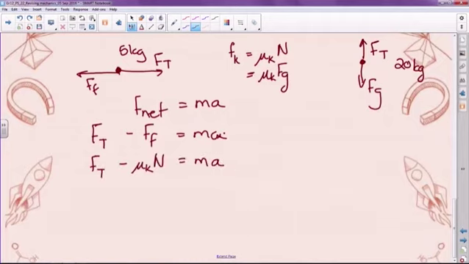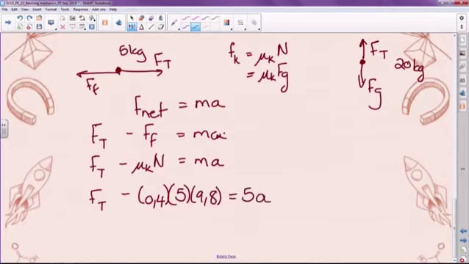Now I substitute in what I know. I don't know Ft. I know mu k, it's 0,4. N we just said was its weight. So that means it's 0,4 times 5 times 9,8, and Ft minus that is 5a. Oh, no, not equal. What am I doing? So it's Ft minus 19,6 equal to 5a. I'm going to call that equation 1.